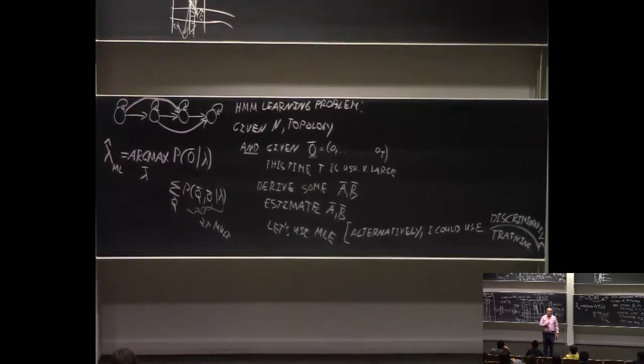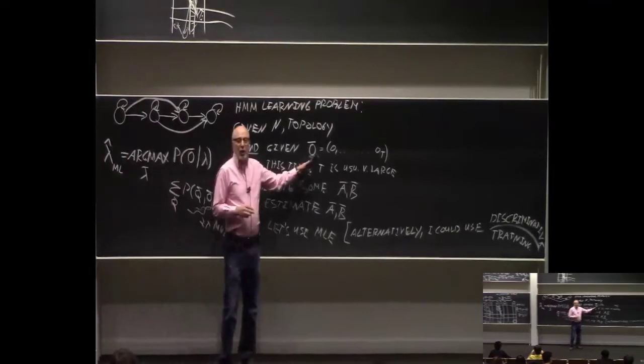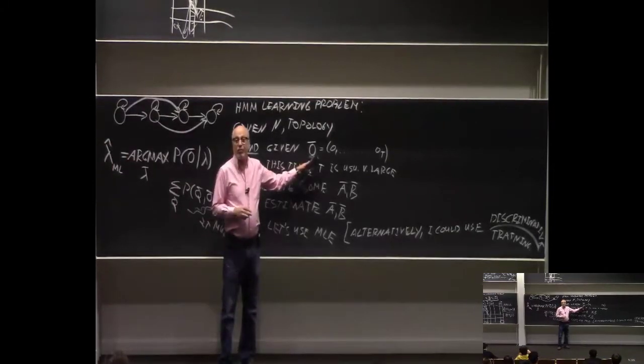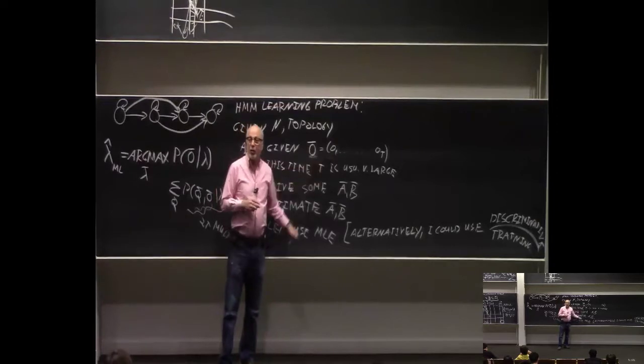We will start with what if. What if this sequence was given to us with the labels? If we were given also this hidden state sequence that's parallel to it.